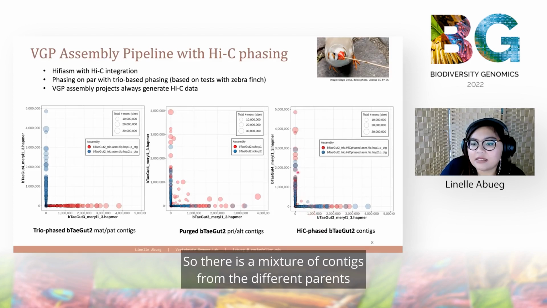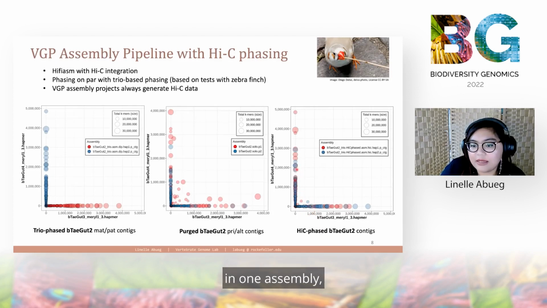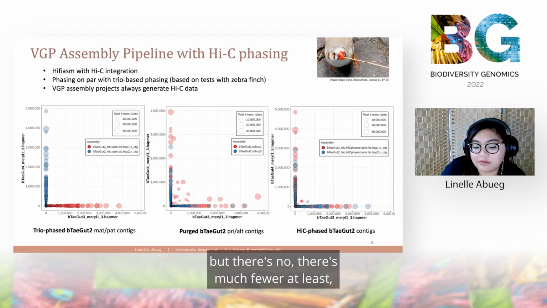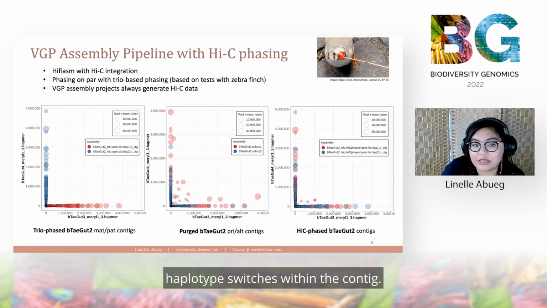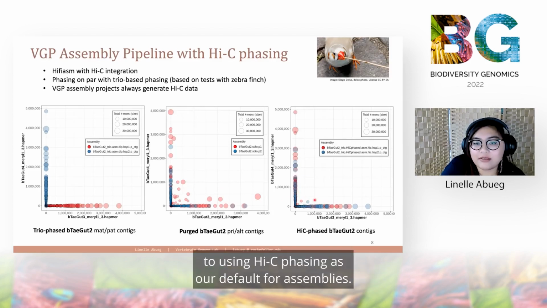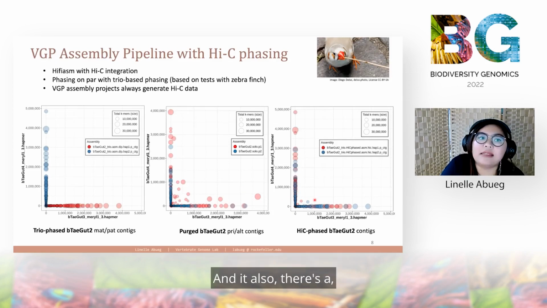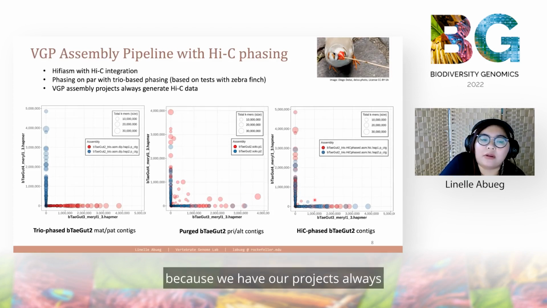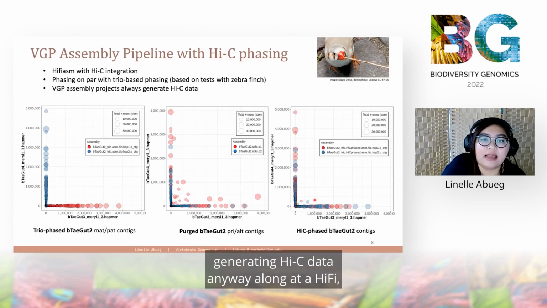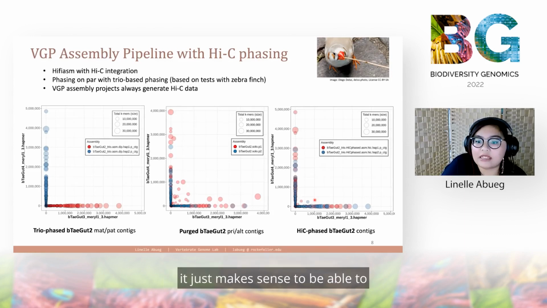So there is a mixture of contigs from the different parents in one assembly, but there are at least much fewer haplotype switches within the contig. So that's why we've been switching to using Hi-C phasing as our default for assemblies. And because our projects always generate Hi-C data anyway, along with the HiFi, it just makes sense to be able to use this mode as well.